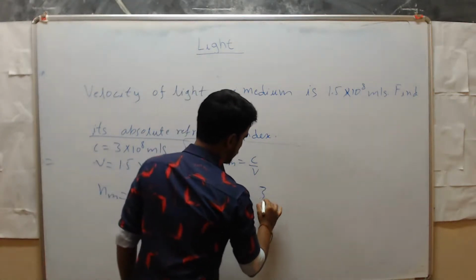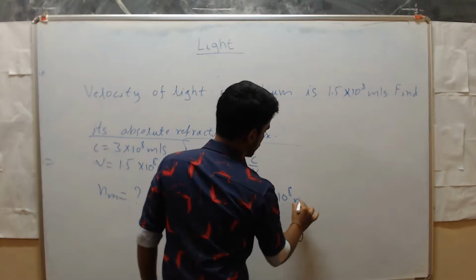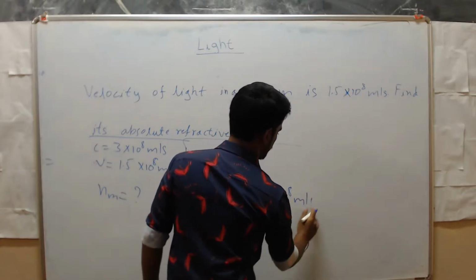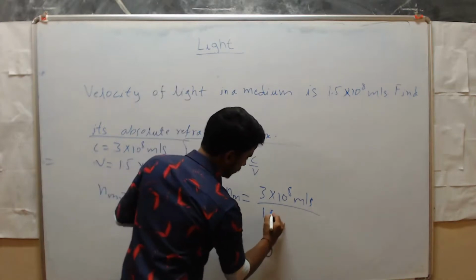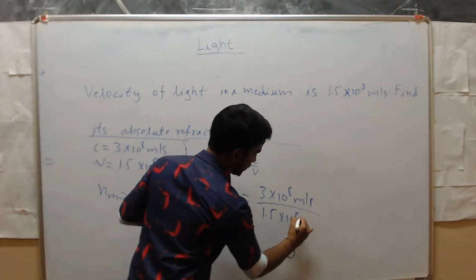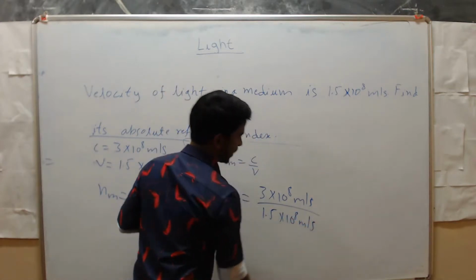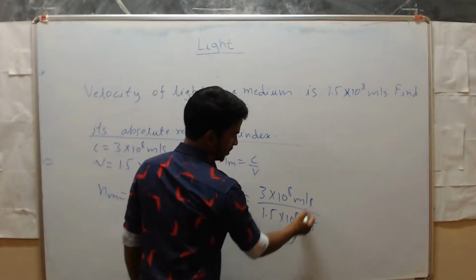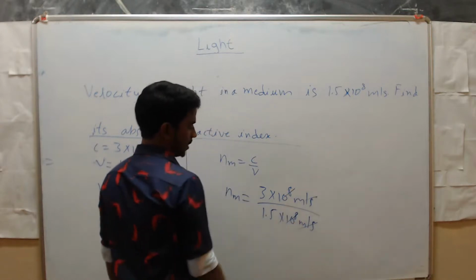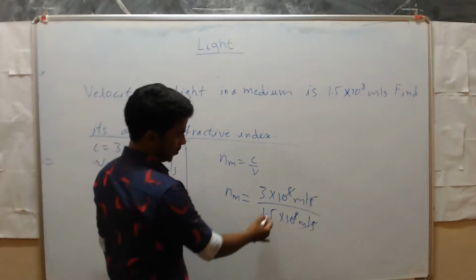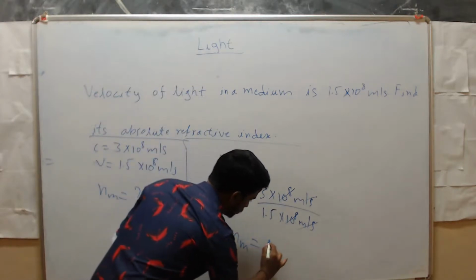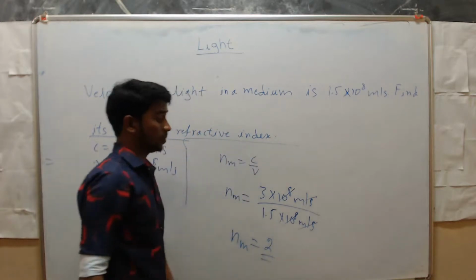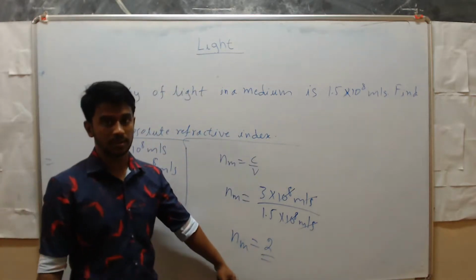So 3 into 10 raised to the power 8 meter per second divided by v, that is 1.5 into 10 raised to the power 8 meter per second. Meter per second cancels, 10 raised to 8 cancels. 3 divided by 1.5 is 2. So nm is equal to 2. Remember, it has no unit.